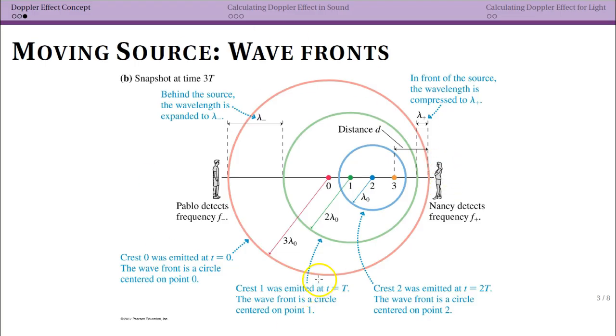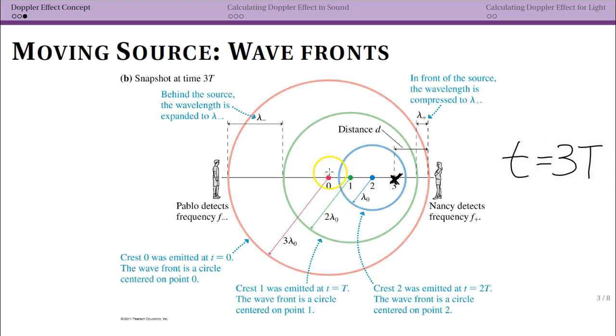What we have to think about here is that we're at some specific moment in time. Where we are in this picture is t equals 3 periods. So our source is currently right there. At t equals 0, that was 3 periods ago, and our source was here.